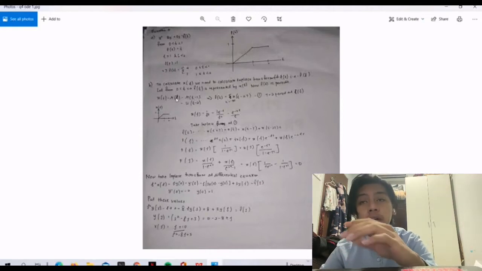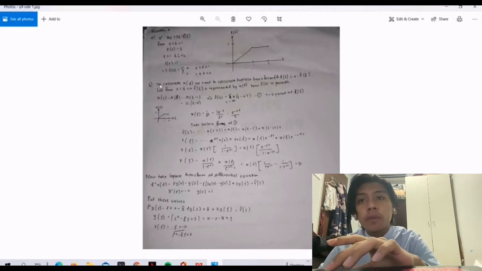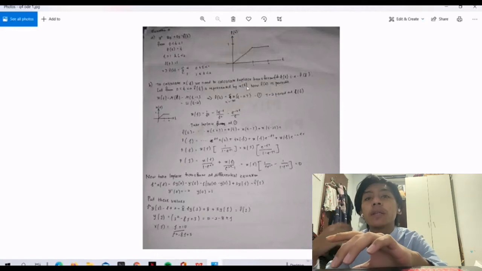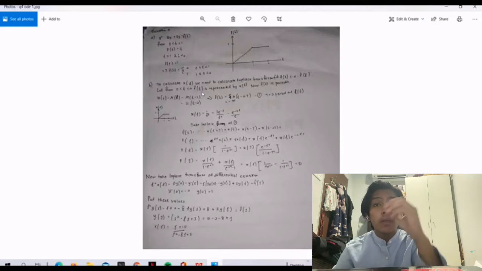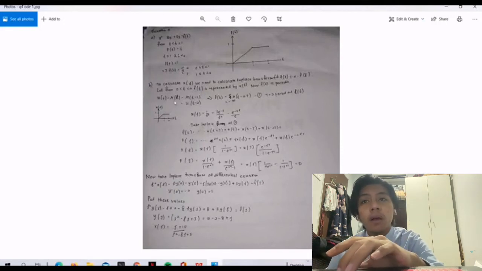And then for question A2, we need to calculate the Laplace transform of f(t), where f(t) is represented by x(t) for t between 0 and the period. Now f(t) is periodic. This is the graph, and since f(t) is periodic, we will have to find the equation, and then after that we will get this equation at 1, and then we have to take the Laplace transform.